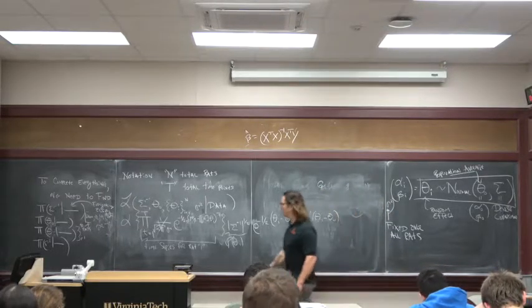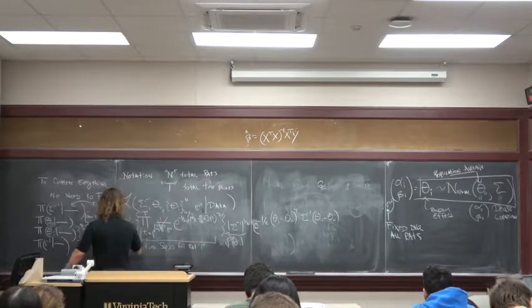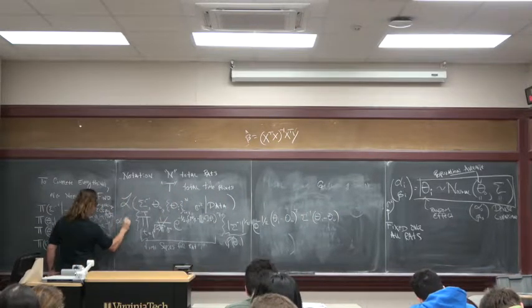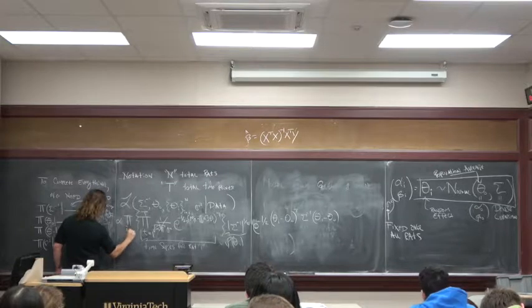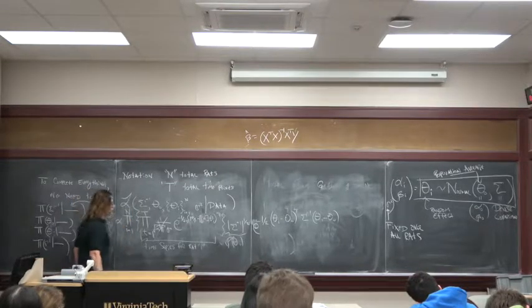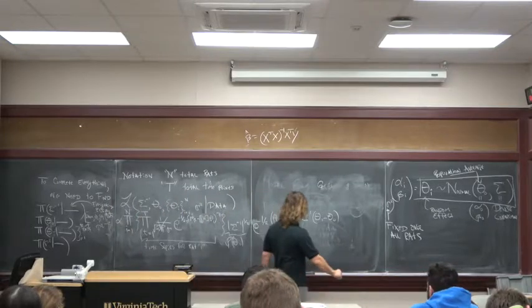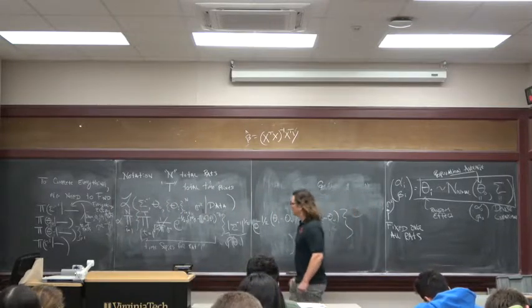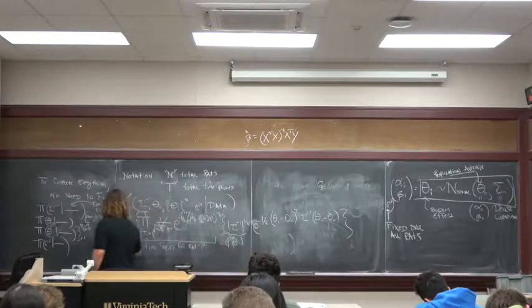And now I need to product this up over each i, each rat, 1 to n. And there it is.